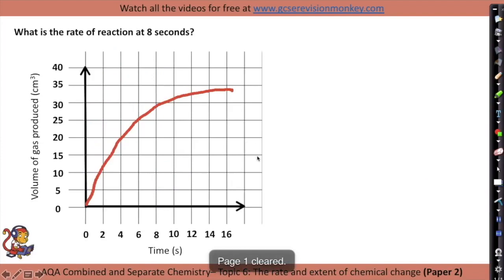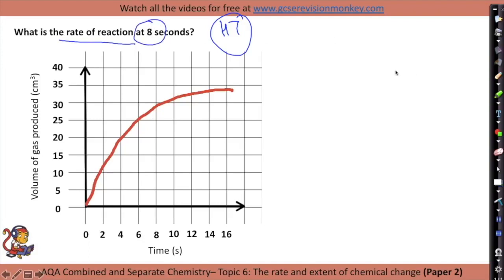This part here is for higher tier only, so if you are doing foundation, just move on to the next slide. This higher tier calculation is using gradients of tangent on a line. So this will ask you, for example, the rate of reaction at an exact point, for example, 8 seconds. So just about here is the rate of reaction at 8 seconds.